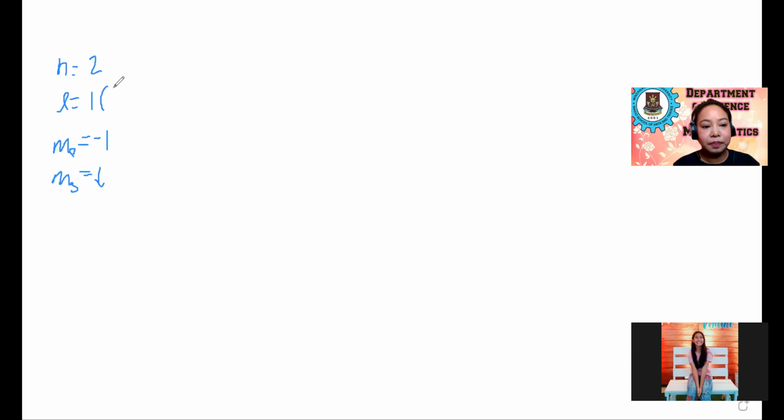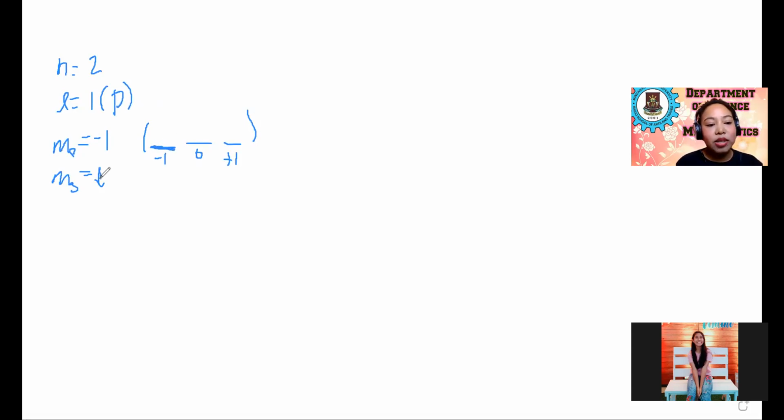P. So how many degenerate orbitals for P? We have the -1, the 0, and the +1. Since it is -1, that is where we will find the last electron in the degenerate orbitals.